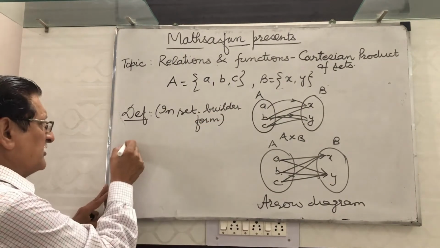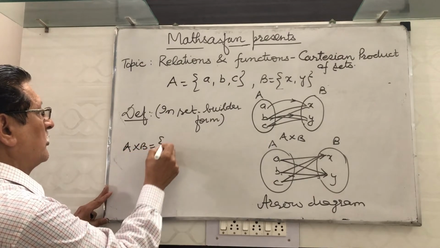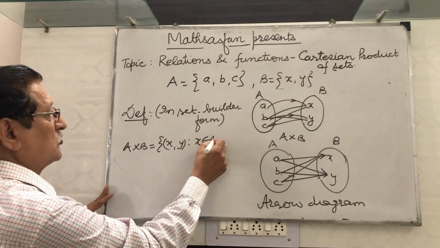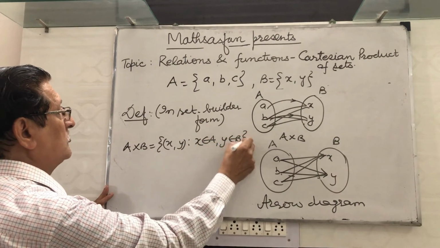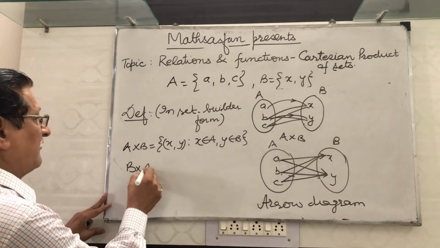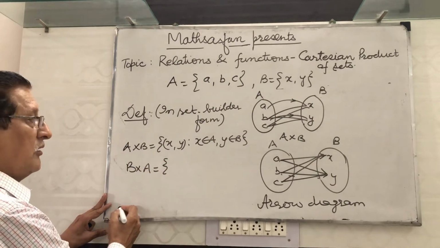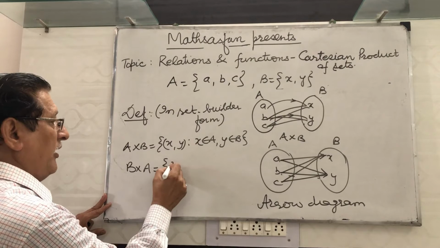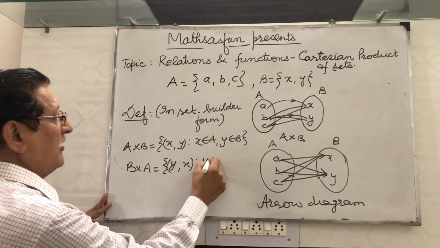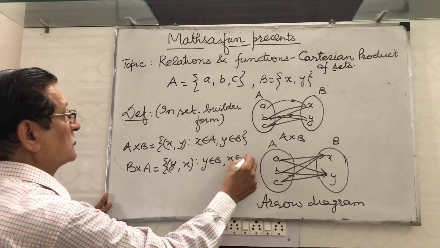And in this we write A cross B is equal to {(x, y) such that x belongs to A and y belongs to B}. Similarly, B cross A we can define as {(y, x) such that y belongs to B and x belongs to A}.